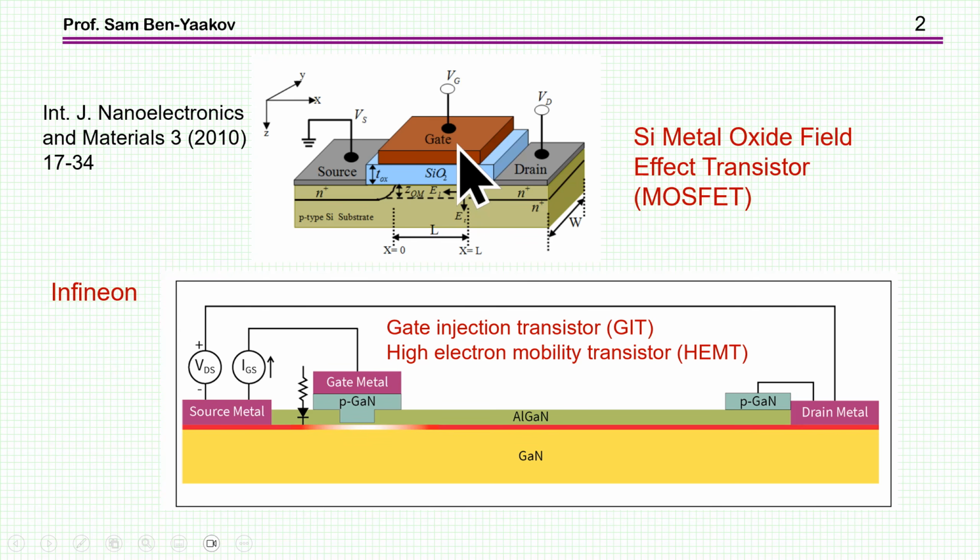Now, during the switching, turn on and turn off, we do need to inject current. So these are actually high current pulses, but the net average is zero because there is an insulation here, no galvanic connection. Now the GIT transistor is different than the silicon MOSFET in that there is a galvanic connection between the gate and the channel.